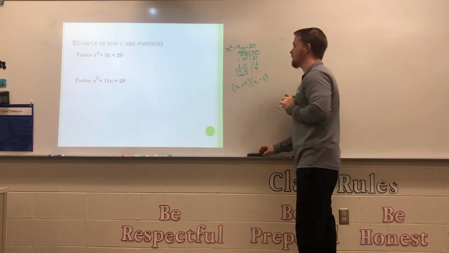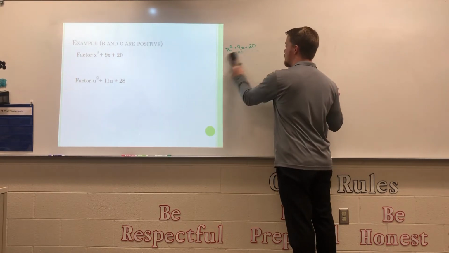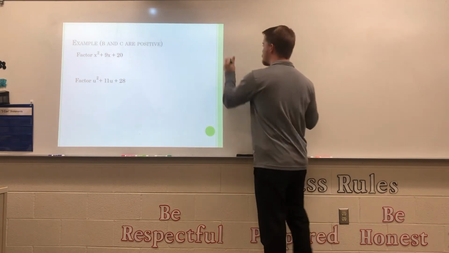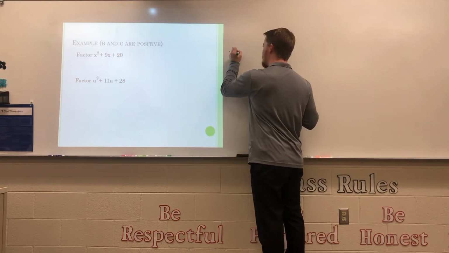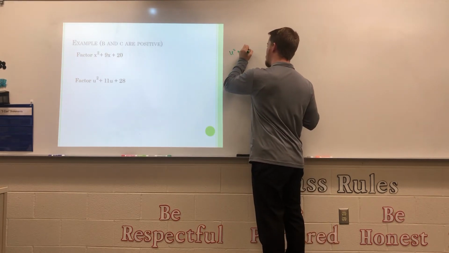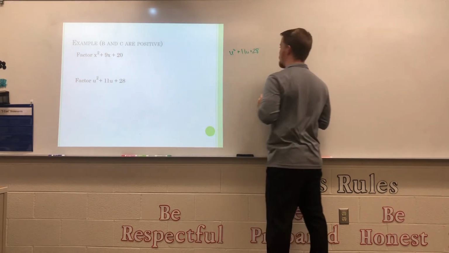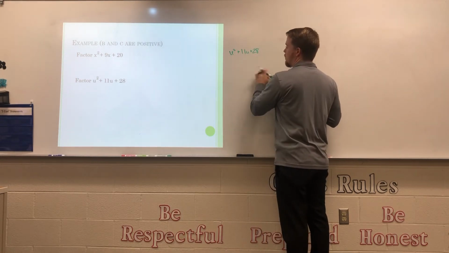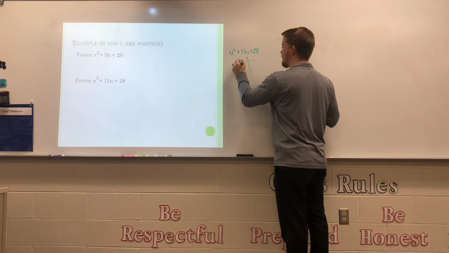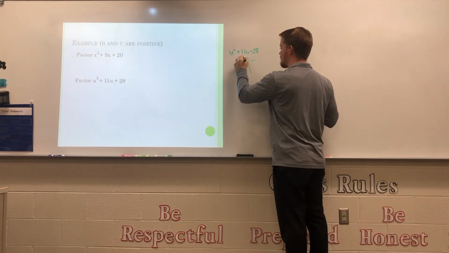So we do the same thing for the second one: u squared plus 11u plus 28. We're going to make the factors of my c, factors of 28.